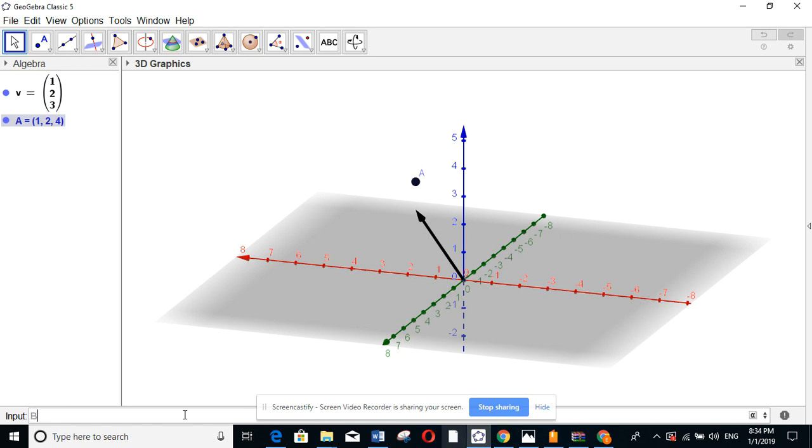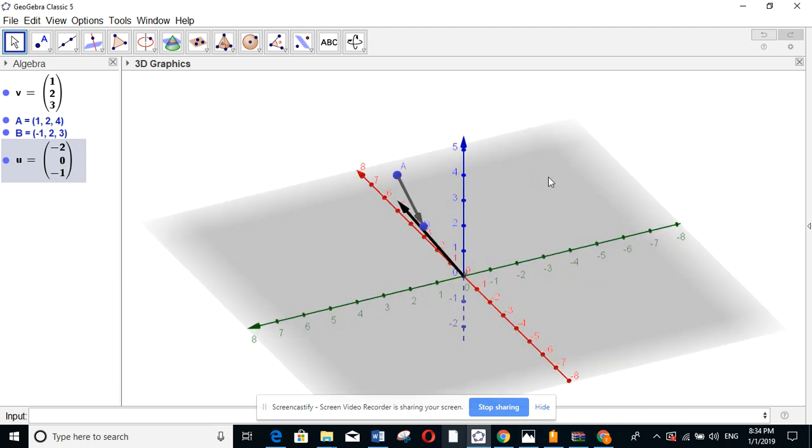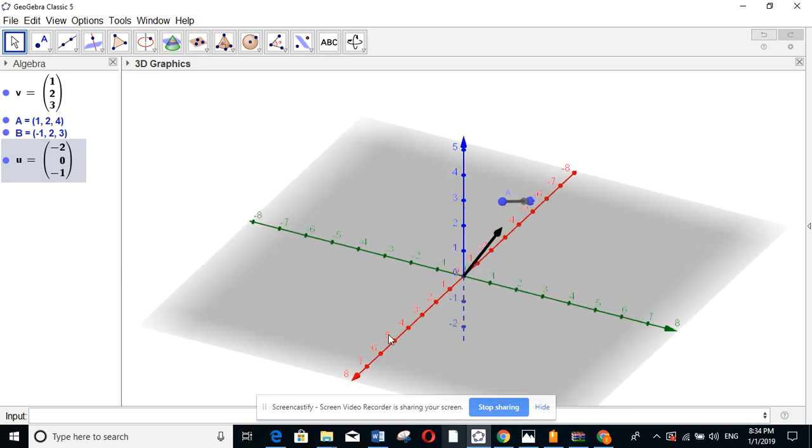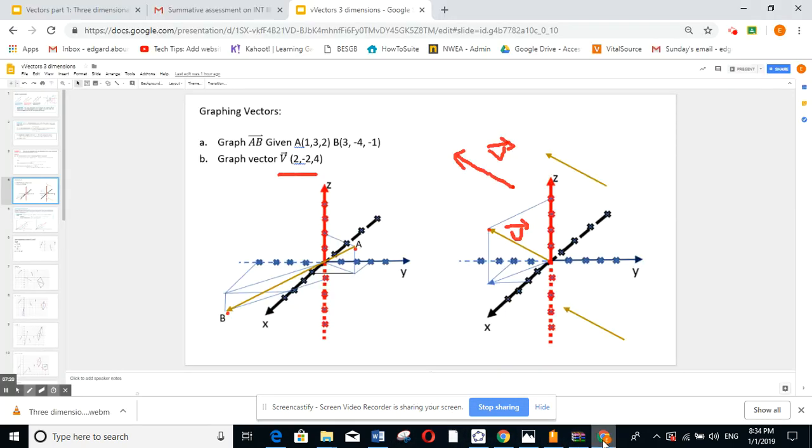Point B: minus 1, 2, 3. And if you want a vector starting at point A, ending at point B, you're going to get that vector. Okay, so using GeoGebra, it will graph for you the vector you want. Okay, so let us continue now.